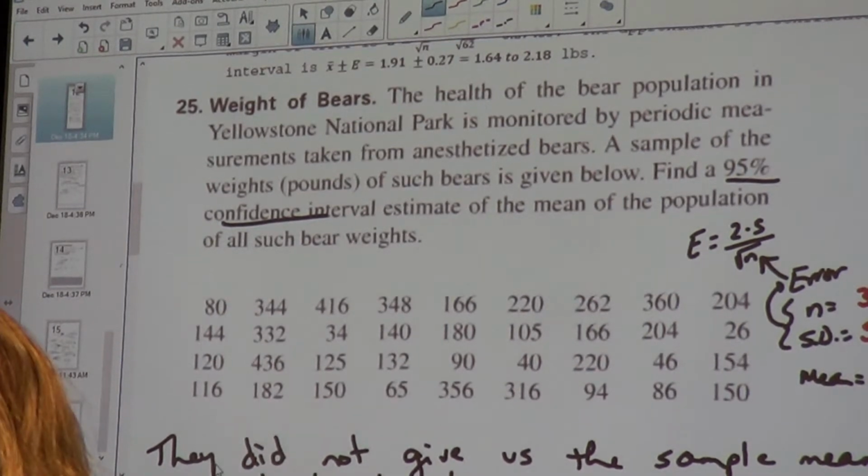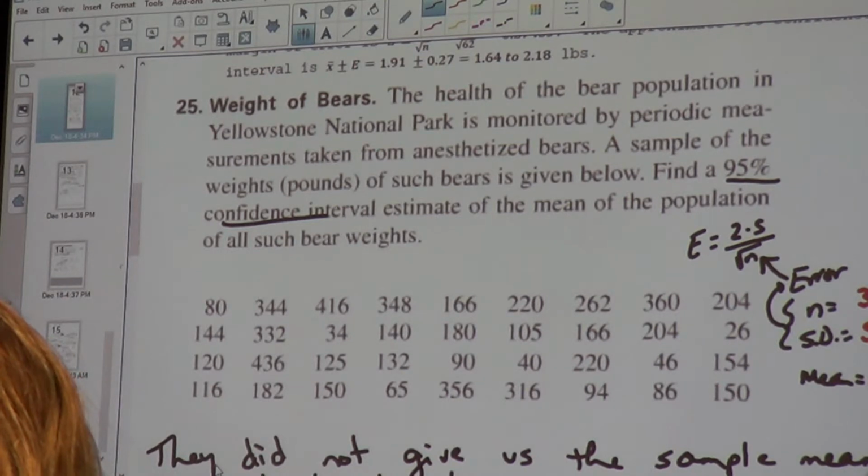I know Mariana's going, but I will tell you, that is the hardest problem on the whole exam. That is going to be on your exam.